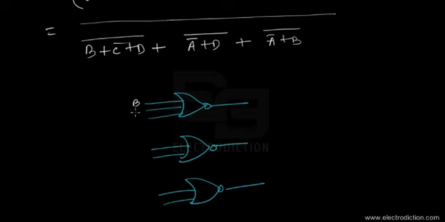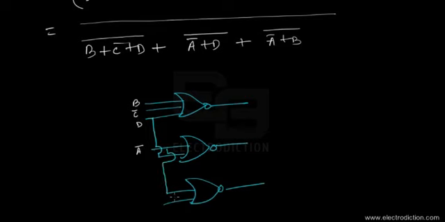B, this one would be C bar, and this is D. For the other one we'll have A bar and then D. For the next one we can just join the A bars together and the D's together, so that it's easier. So we join the D's together so that we have a common input, and similarly we join the A bar together.